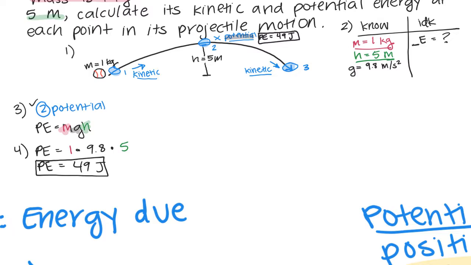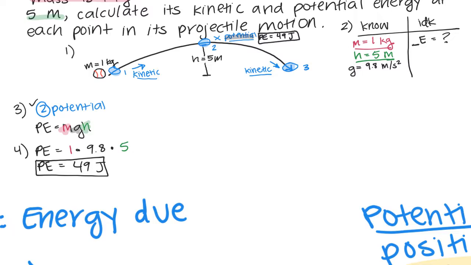Now we've got to figure out what the kinetic energy is at position 1 and position 3. I still don't have a velocity, so it's going to be very difficult for me to solve for kinetic energy when I don't have that object's velocity to plug into our kinetic energy equation. However, we did learn another equation.